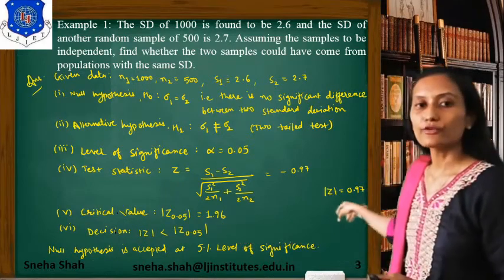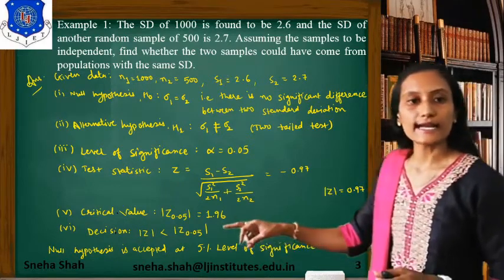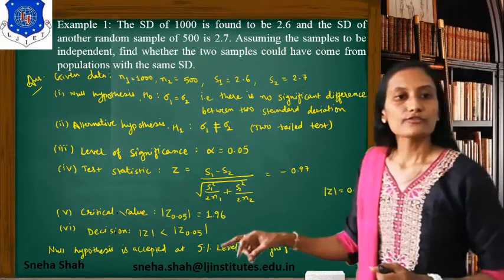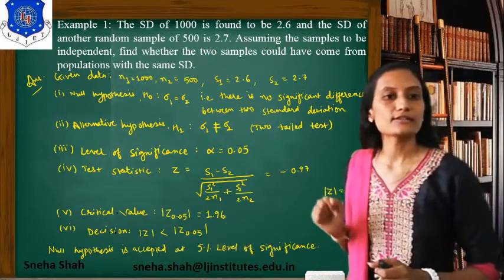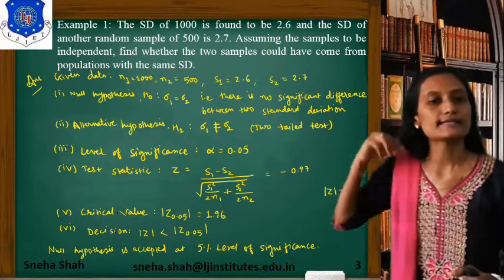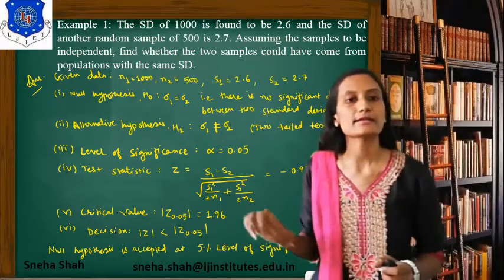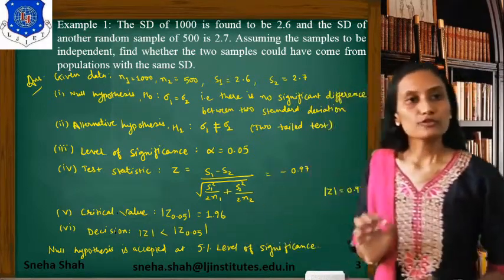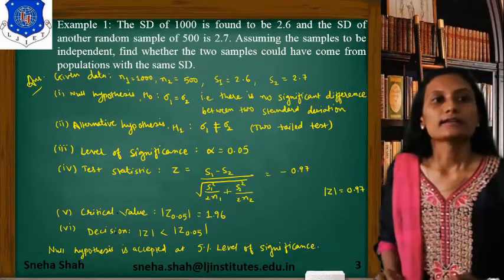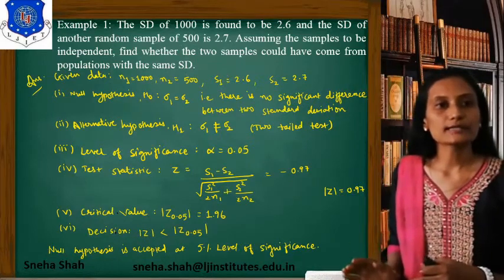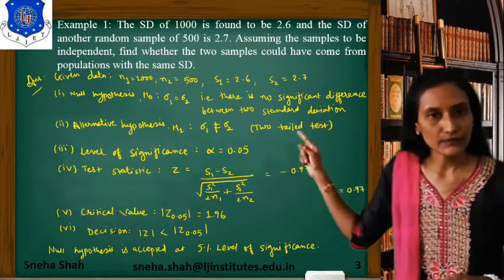So the value of mod Z is less than mod Z 0.05. As the value is less, we can say that this null hypothesis is acceptable at the 5% level of significance. So from this we can say that the two different populations have the same standard deviation.